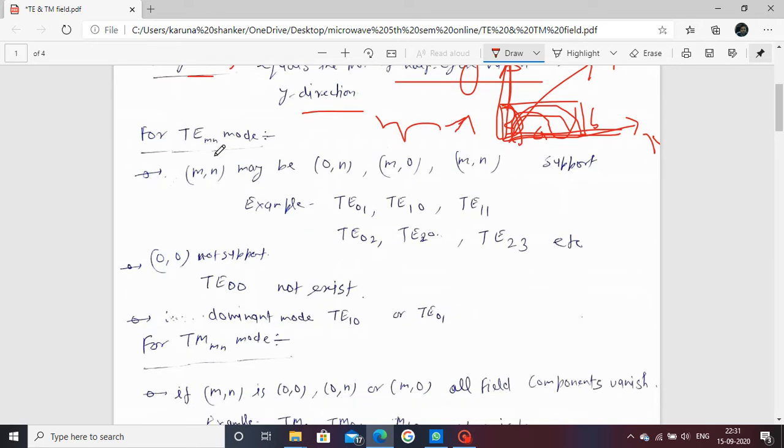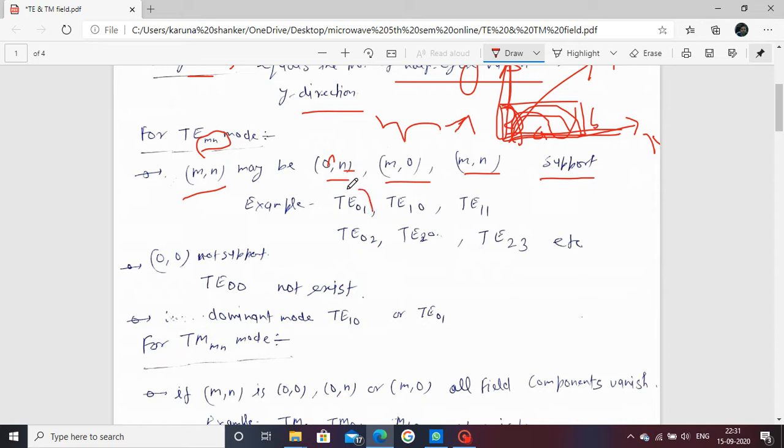Next, moving to TE_MN, we put in different integer values of M and N, and now see which field pattern is present and which is not present, meaning which mode is supported and which mode is not supported. Putting the values, M and N may be 0, so M0 and 0N is supported. Here 0 is the fixed value and N changes: 1, 2, 3, 4, whatever you put.